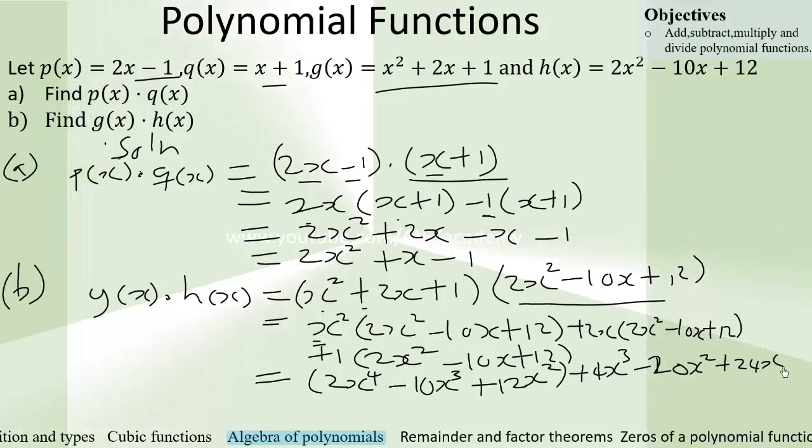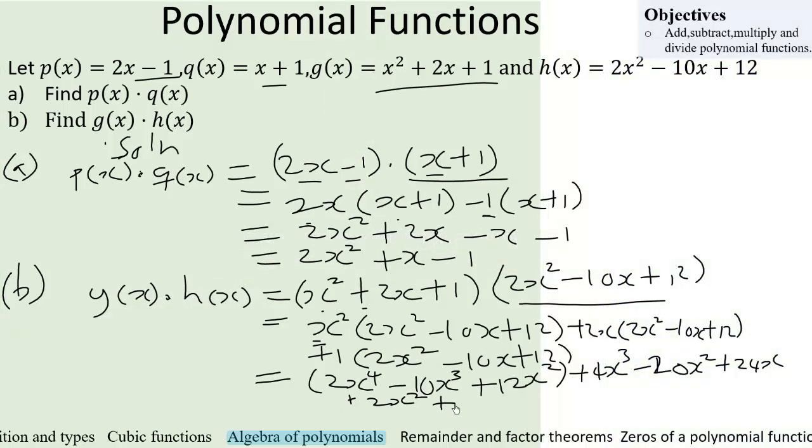So we add to it, plus, now 1 times 2x squared is 2x squared. Then we have minus 10x, so plus negative 10x, then plus 12.